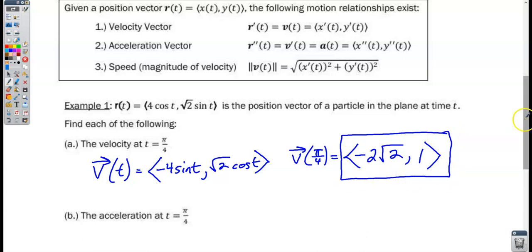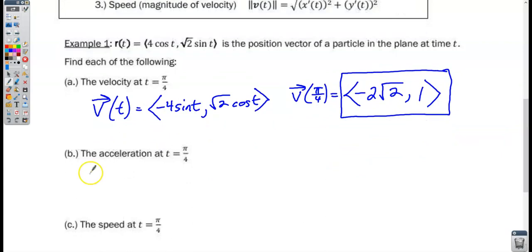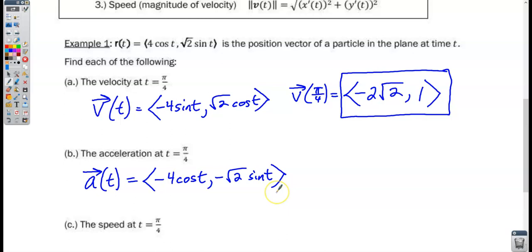Next, the acceleration vector at time pi over 4. Acceleration is the derivative of the velocity vector, so we're going to take the derivative of this by components. The first component of the acceleration vector is going to be negative 4 cosine of t. And the second component is negative square root of 2 times the sine of t. There's our acceleration vector, and now we're going to find the value of the acceleration vector at pi over 4.